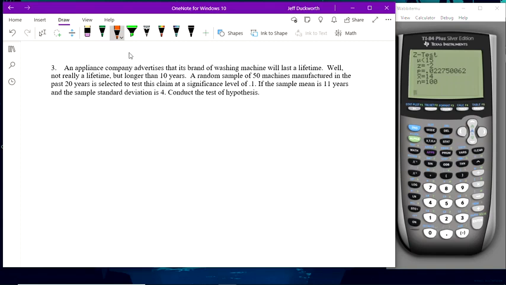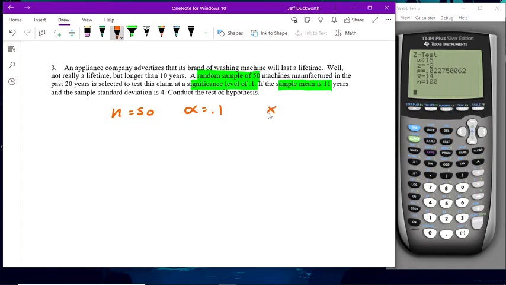So first of all, a random sample of 50 machines. This means n equals 50. The next piece, a significance level of 0.1. That means alpha equals 0.1. The sample mean is 11 years.